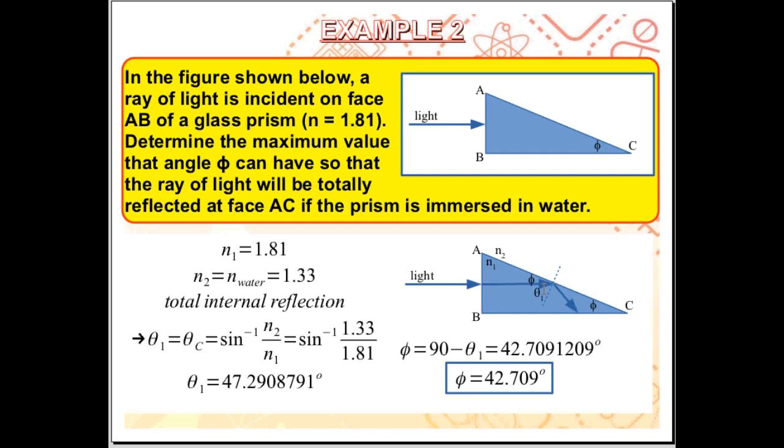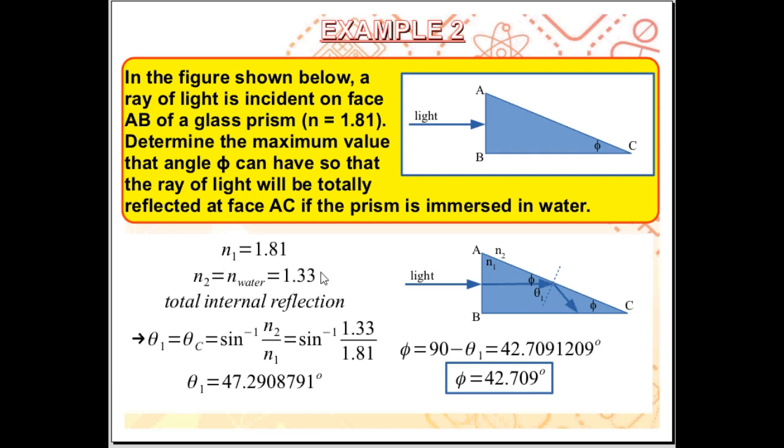Using our equation for total internal reflection, theta c is equal to inverse sine of n2 over n1. Knowing n2, knowing n1, we are able to calculate theta 1, 47.2908791 degrees. Total internal reflection can happen because n1 is greater than n2.